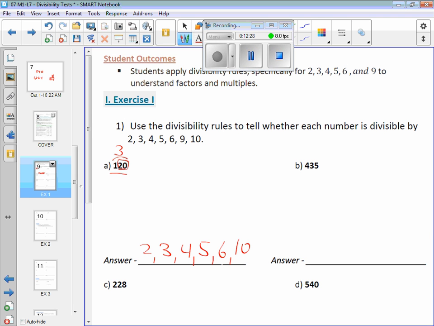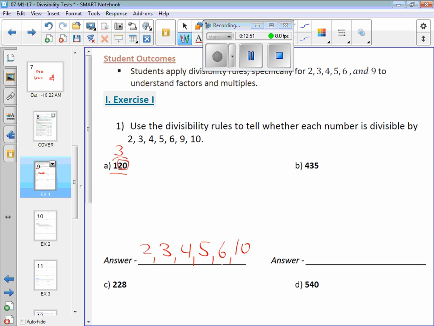Charles, which one are you questioning, 6 or 9? 6 is not an issue because it's got to work for 2 and 3, and it does. It's an even number, so it works for 2. It works for 3 because 3 can go into 3, right?